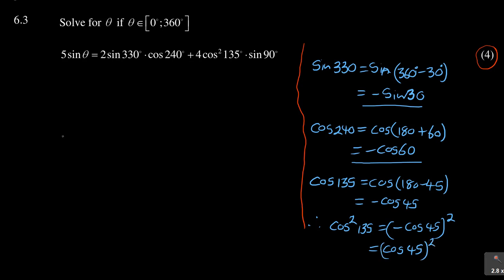Alright, so now if we go back to the original, 5 sin theta will be equal to 2, and then remember sin 330 reduced to minus sin 30, and then times this cos 240 reduced to negative cos 60, plus 4.